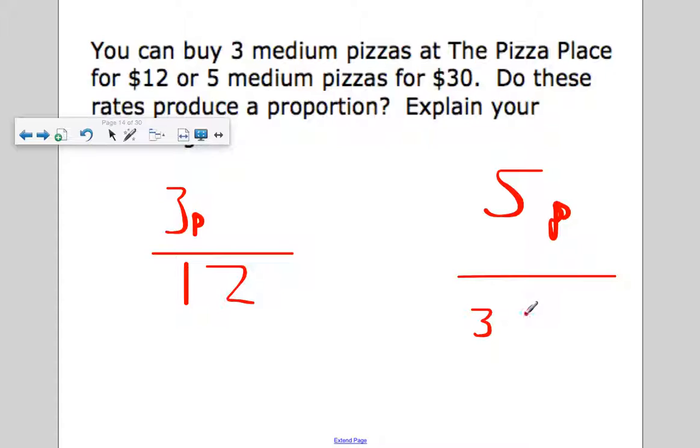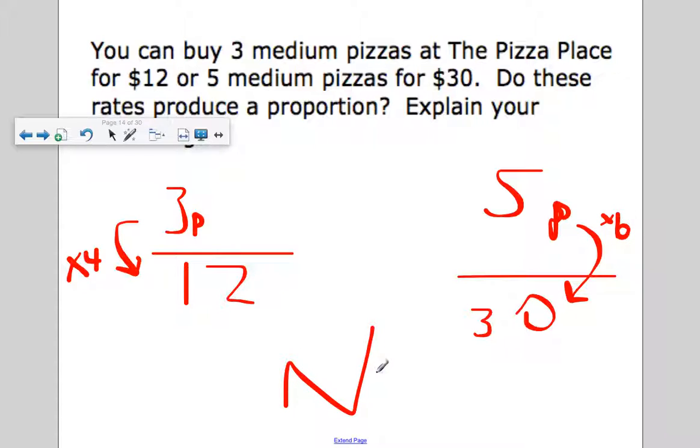Are they equivalent? Let's see. I'm going to do a within. How do you turn 3 pizzas to $12? Times 4. How do you turn 5 pizzas to $30? Times 6. Are they equivalent? No, they will not make a proportion.